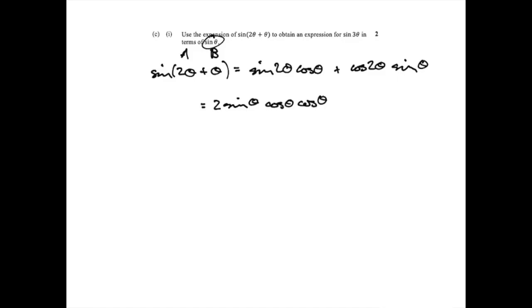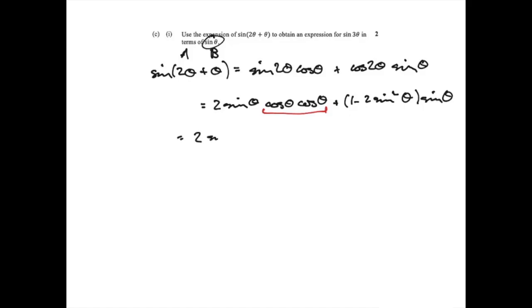so we're going to end up with cos squared here, and cos 2 theta, now we want the one that's in terms of sine theta of course, so that'll be 1 minus 2 sine squared theta, sine theta. So remember your trig identity, cos squared theta plus sine squared theta equals 1, so I could write cos squared theta equals 1 minus sine squared theta, which is exactly what I'm going to do there.